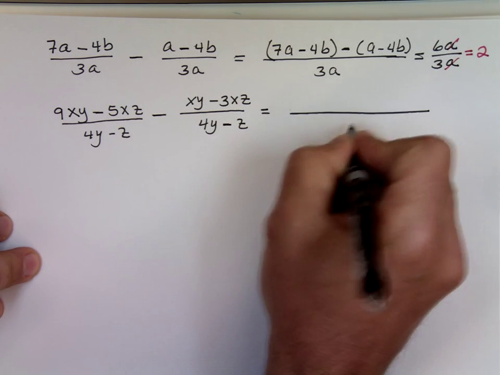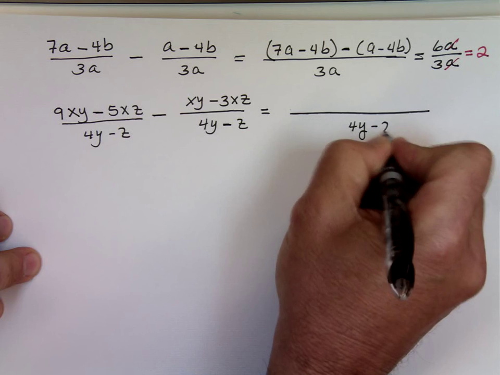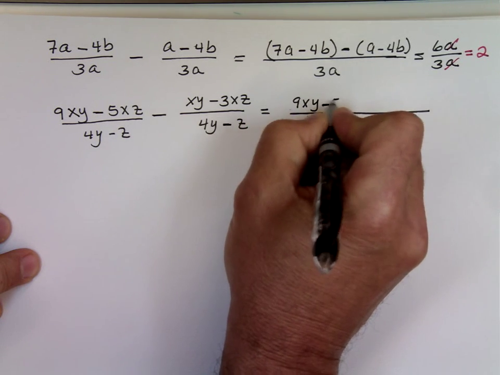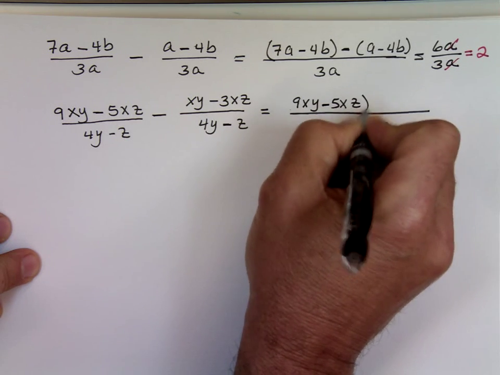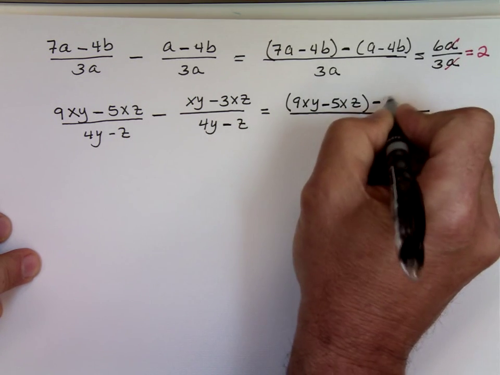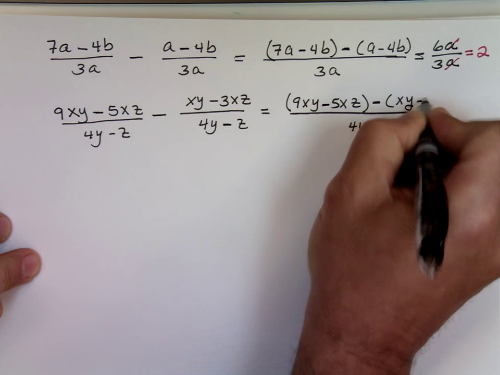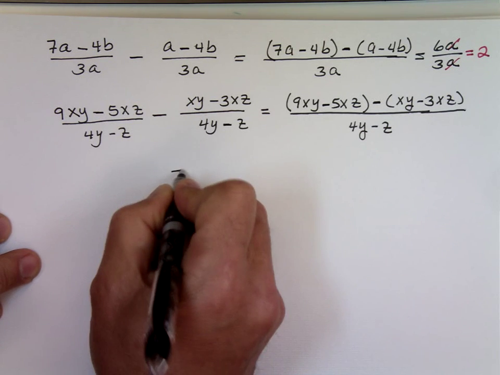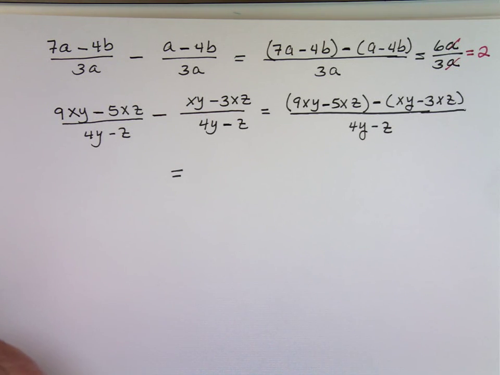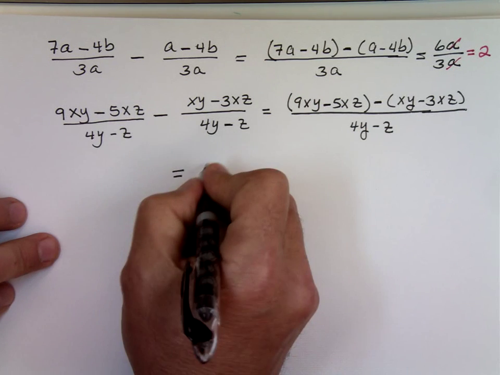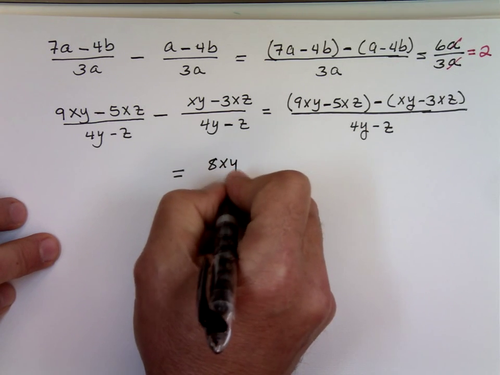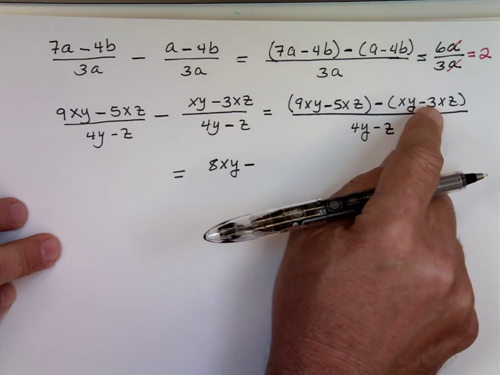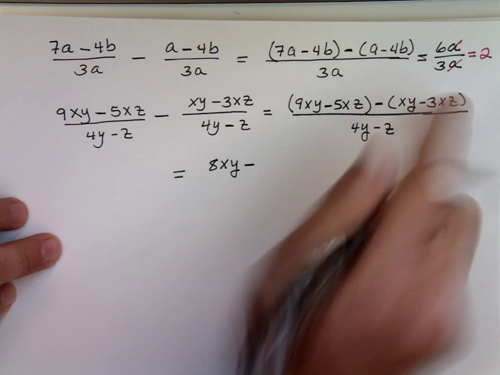Let's leave it alone. The top will be 9xy minus 5xz minus xy minus 3xz. 9xy minus xy, that's 8xy. Negative 5 minus a minus, that's a plus. Negative 5 plus 3 is negative 2.